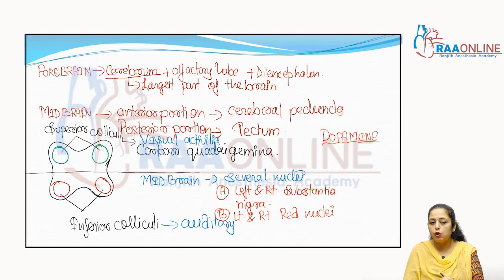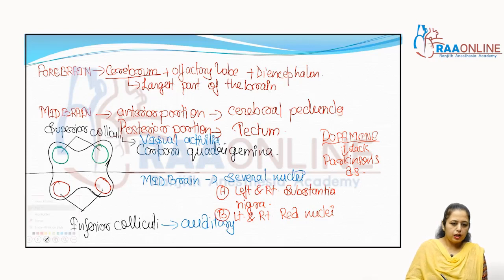And if these neurons get degenerated or injured, then due to the lack of that dopamine, the patient suffers from Parkinson's disease, which is also known as Parkinsonism, right?